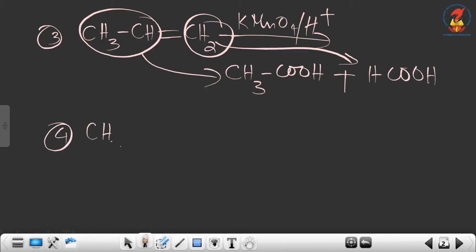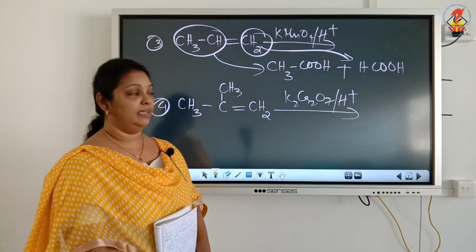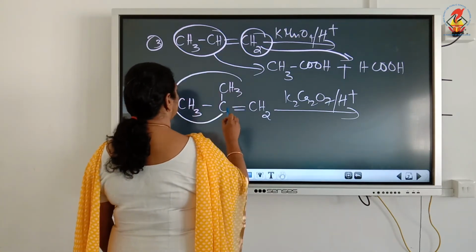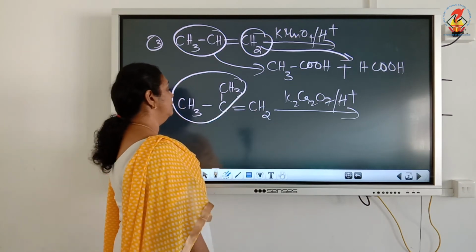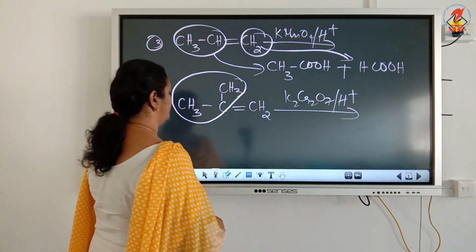Now example 4. We have CH3C(CH3)=CH2. Now K2Cr2O7/H+, acidic potassium dichromate. Here you can see this side we have no hydrogen on the double bonded carbon, so we get ketone as the product.